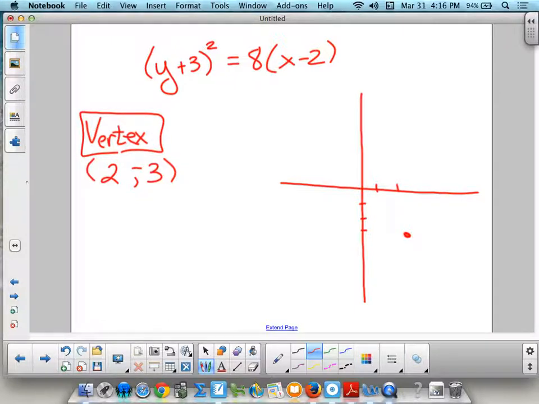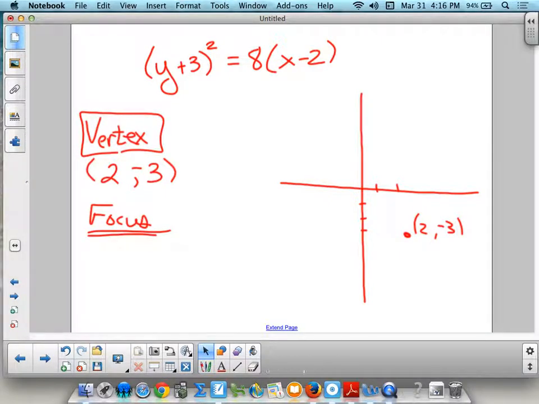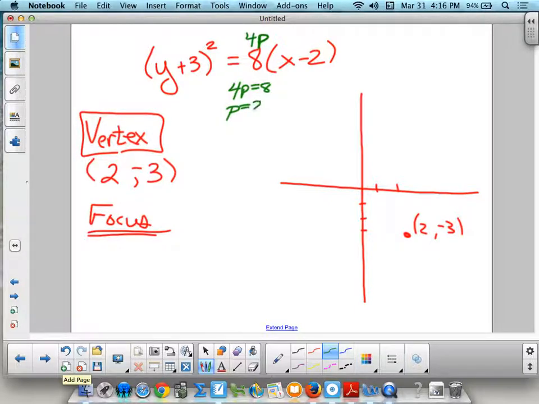There it is. It is (2, negative 3). Now, from here, I need to know the focus. The focus is found by knowing the p-value. You've got to remember, where did the 8 come from? 4 times p. Set it equal to 8, solve it, p is 2.